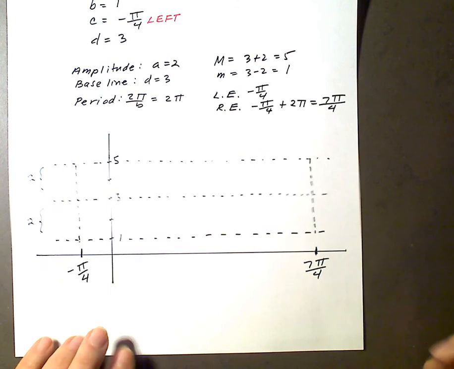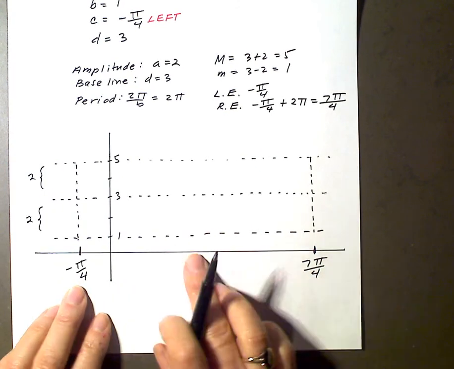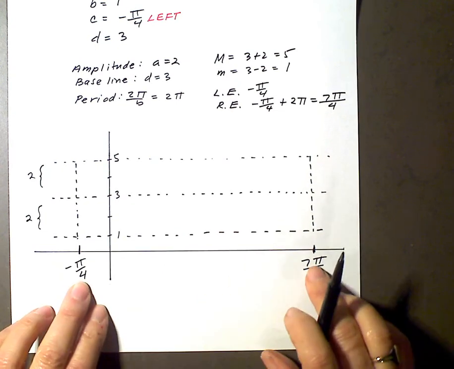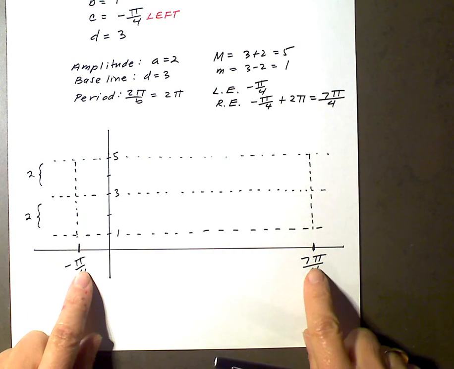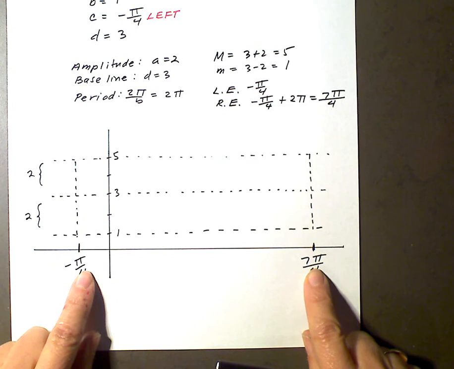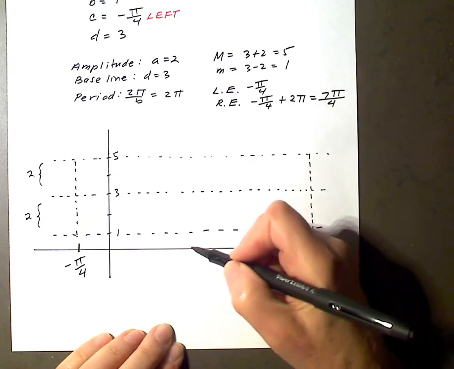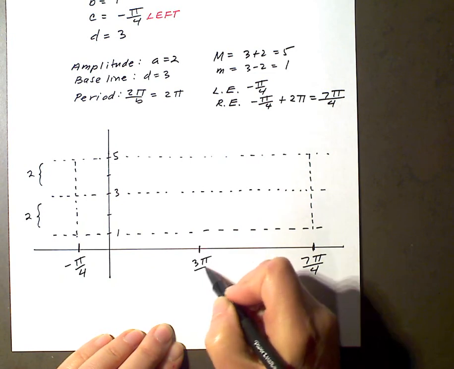So those are 2 critical points, and then I need the 3 in the middle. So halfway between negative 1 pi over 4 and positive 7 pi over 4, because those both have a denominator of 4, halfway between negative 1 and positive 7 is 3. Because I can just add up negative 1 plus 7 is 6 and divide by 2. So 3 pi over 4 will be halfway between those two. Just the idea of a midpoint.